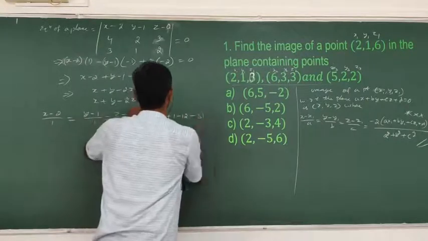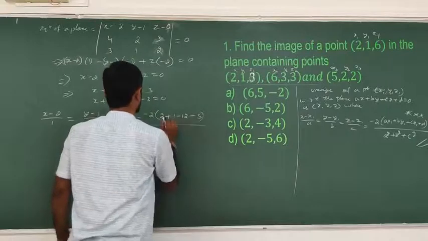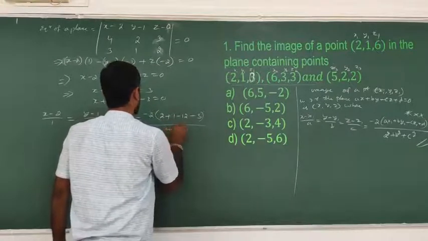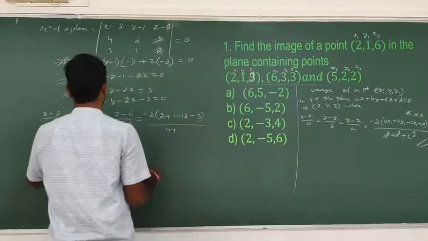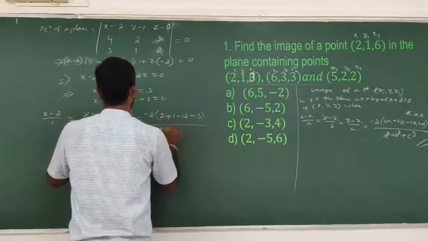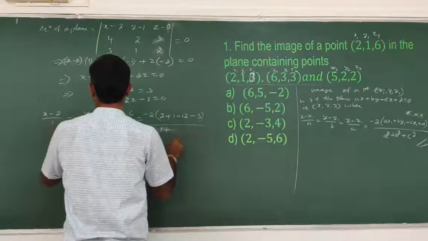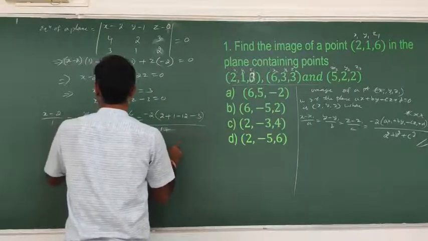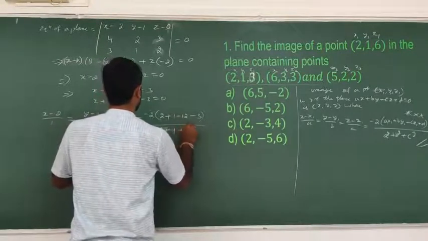Okay, next what is the value of d here? Minus 3, divided by 2 square is 4 plus 1 square is 1 plus 4, that is a square plus b square plus c square, where a is 1, b is 1, c is minus 2, a square is 1, b square is 1, c square is 4.